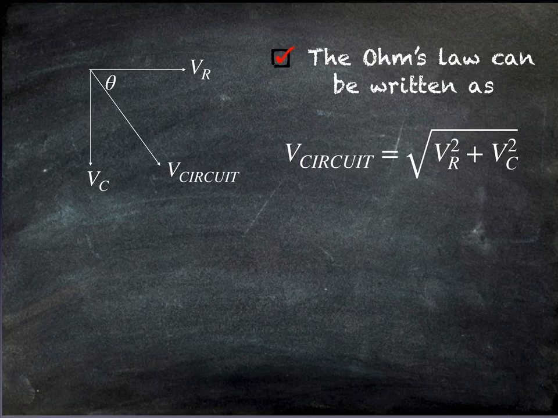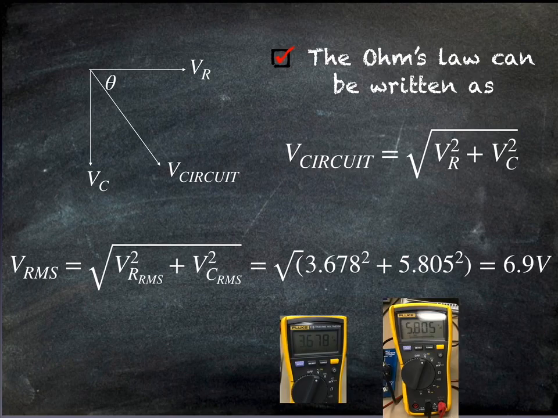This begs the question, which is a representative value from our measurements? The answer is simple. We can verify Ohm's law using RMS values that we measured with our multimeter. VR, in RMS, is 3.67 volts.